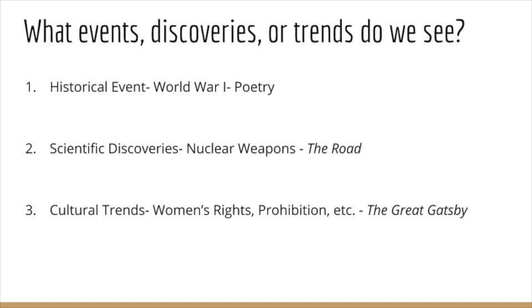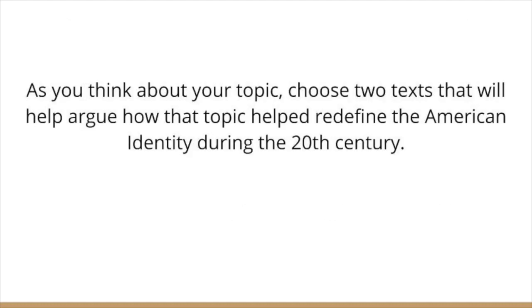So that's just a few examples of what you can do when it comes to choosing a topic: a historical event, a scientific discovery, or a cultural trend. As you think about what you're going to choose here, choose two texts that will help argue how that topic helped redefine the American identity during the 20th century.